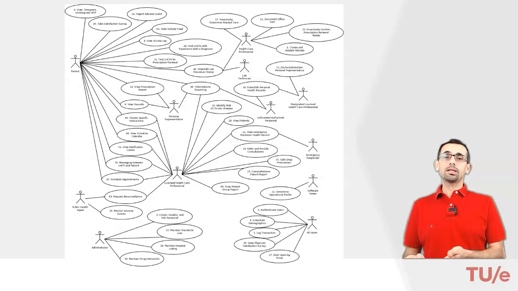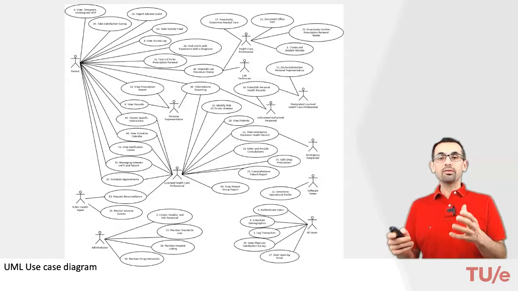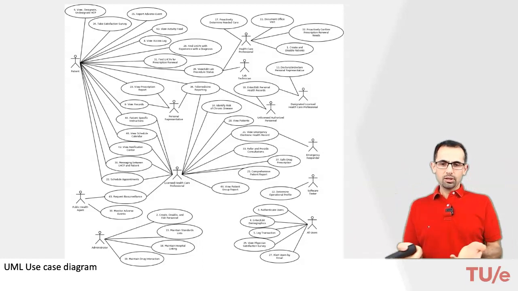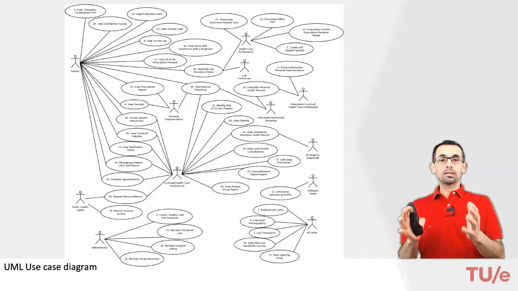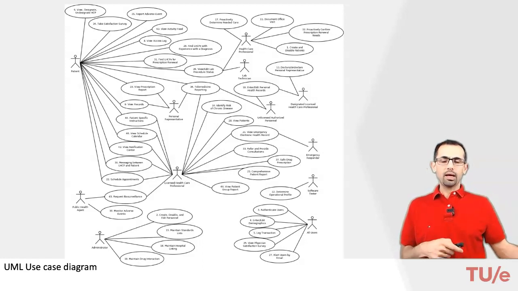What kind of a diagram is this? It's a use case diagram. Some of you would know it from previous courses as well. It's a very nice diagram to show the entire set of features that a particular system should have at the end.